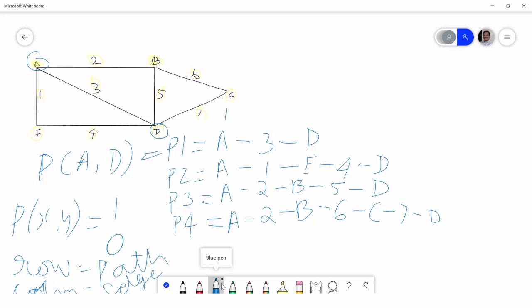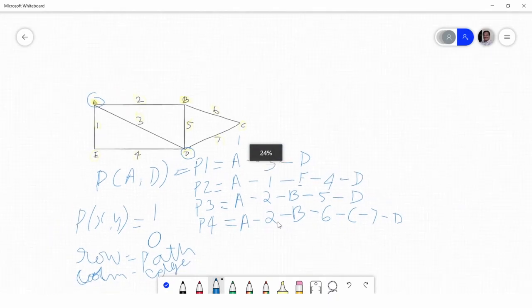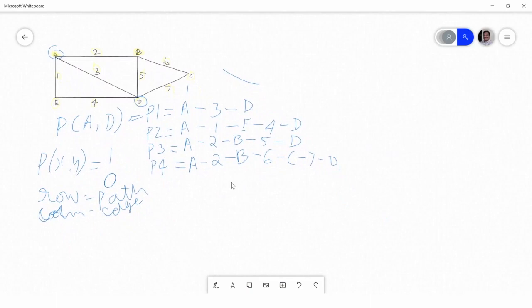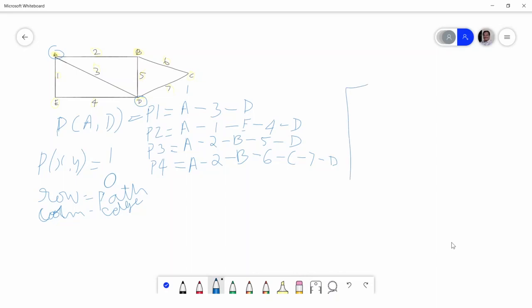Same thing you write. So how many edges are there? You have 7 edges, so write down all 7 edges. Let me write the edges on top.